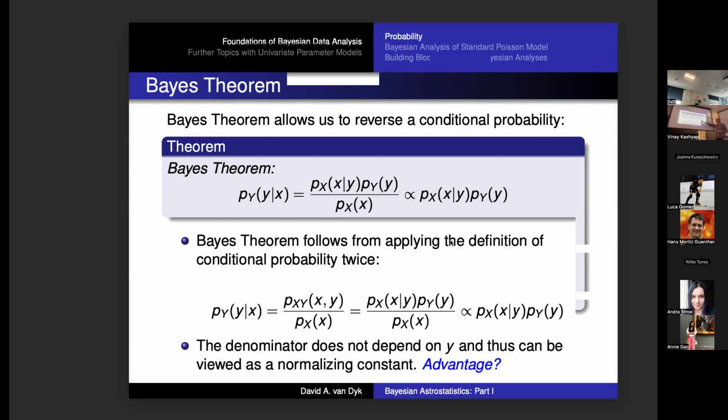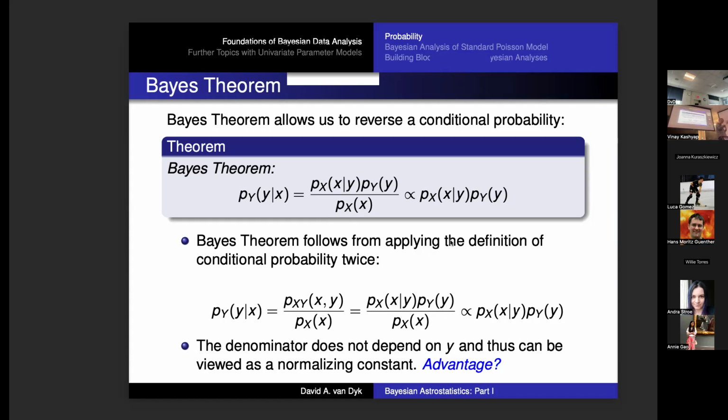So basically, you have the probability of y given x, and it's written in terms of the probability of x given y, and you have these other marginal things you have to contend with as well. For Bayesian statisticians, this is important because, in this case, x is our data, and y are things that I want to know about, like the mass of a star. So I'm going to say if the mass of the star is y, what's the distribution of data?